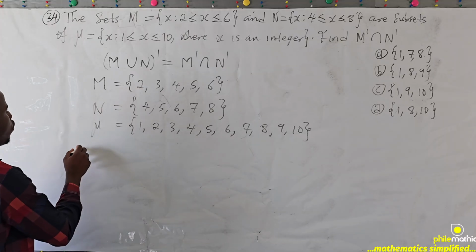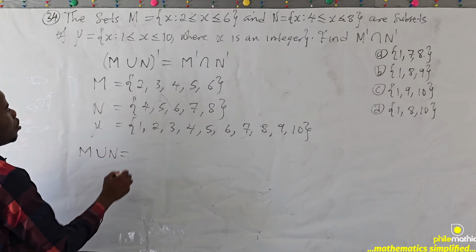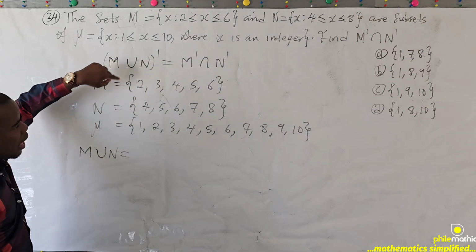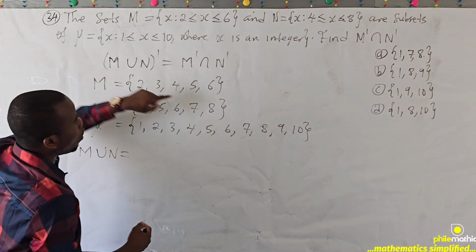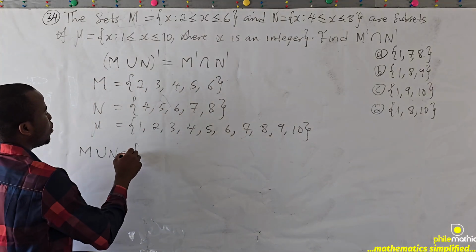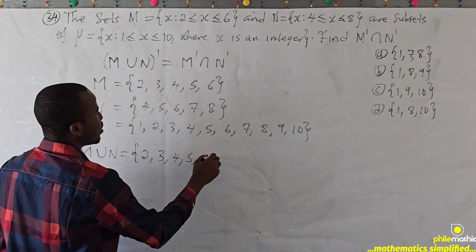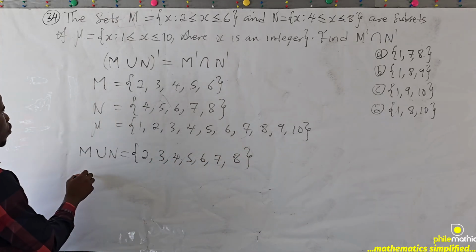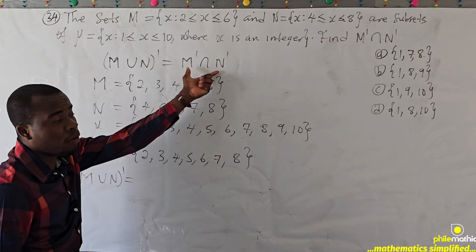So we first of all look for the union of M union N, which is the collection of the sets M and N without repetition. So we start from 2 and we'll end at 8, which will be 2, 3, 4, 5, 6, 7, 8. So we now look for M union N complement, which is what we are looking for.